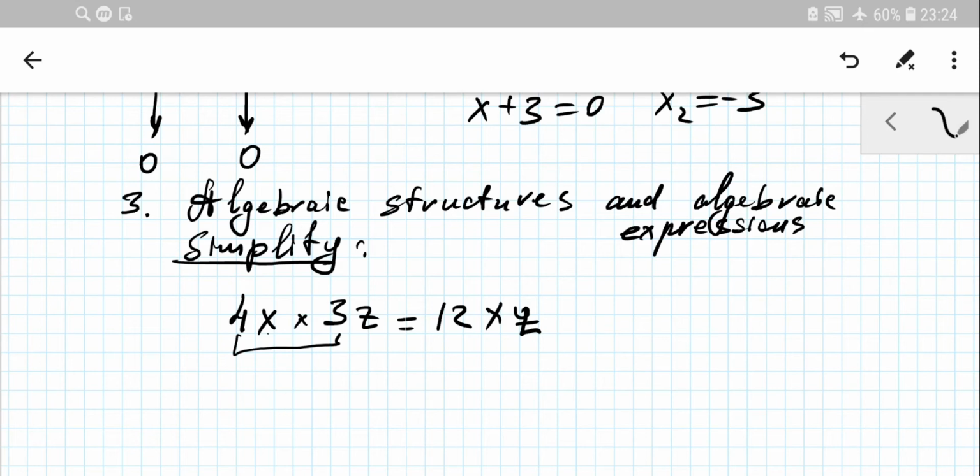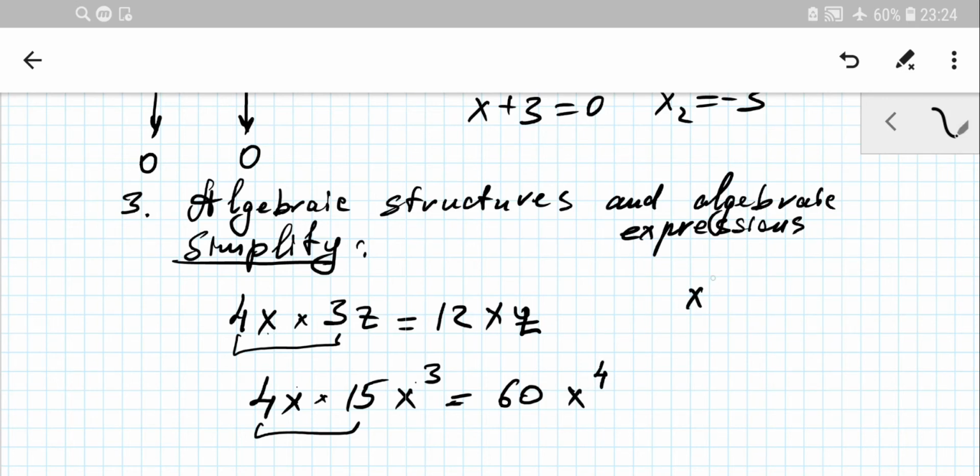However, what if you have something like 4x multiplied by, let's say, 15x cubed. In this case, what are you going to do? You do the same with numbers. 4 times 15, it's 60. And what are you going to do with x and x cubed? You simply use the rules for indices. So this is about rules. For example, you have x to the power of n, you multiply by x to the power of m.